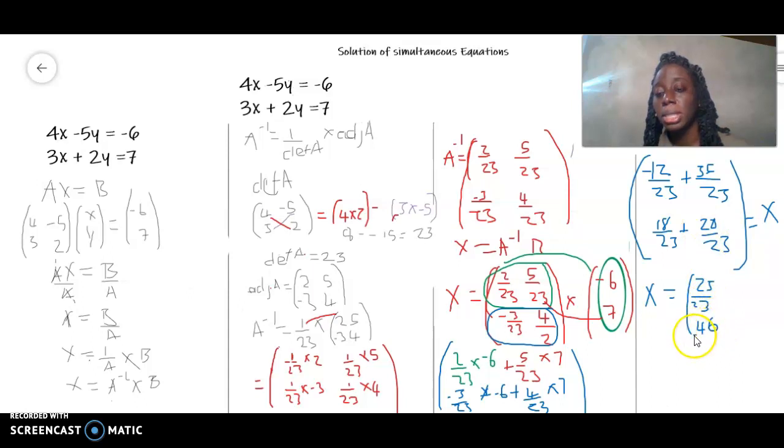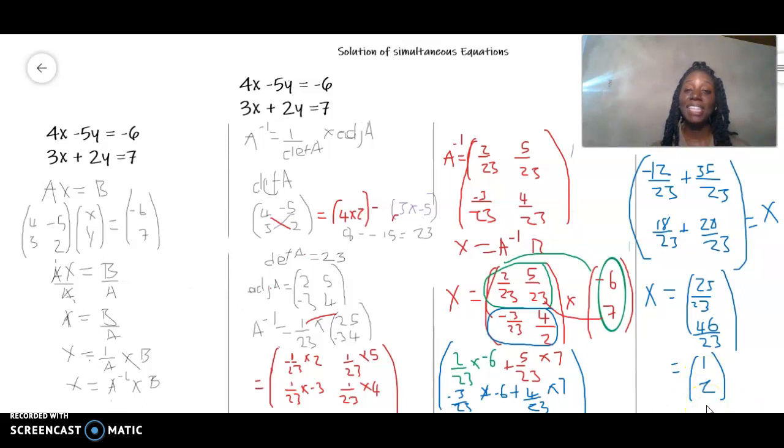The denominators are the same, so that's 46 over 23. So simplifying 23 over 23, I would have 1. And 46 divided by 23 is 2. So therefore our solutions are 1 and 2.